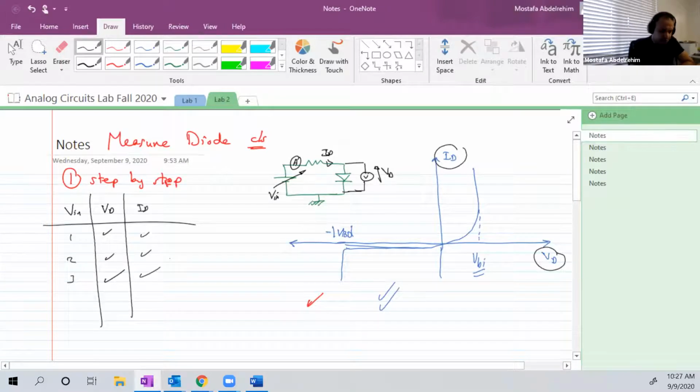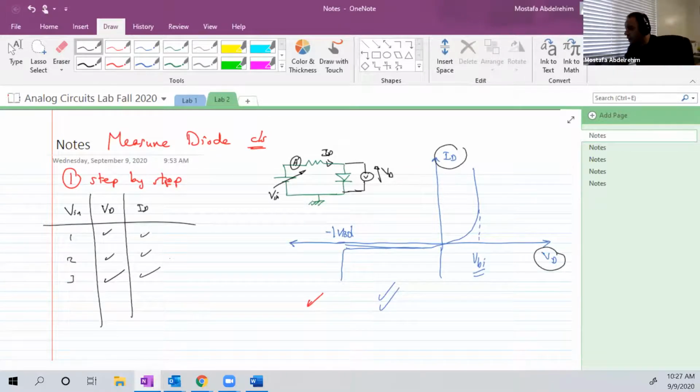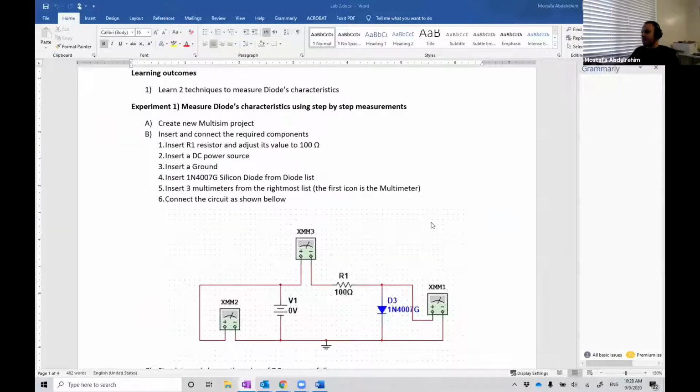Okay, so just to go ahead, I will share the other screen now. So here is the lab manual that I prepared.